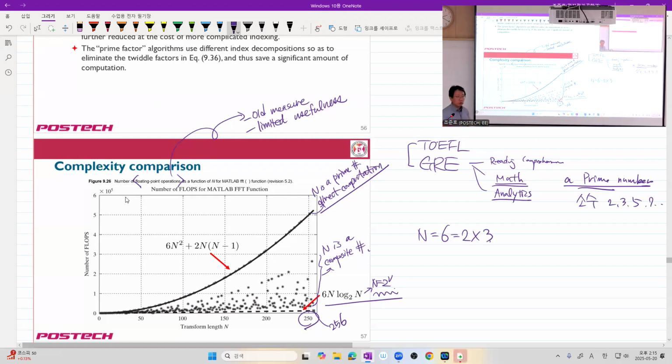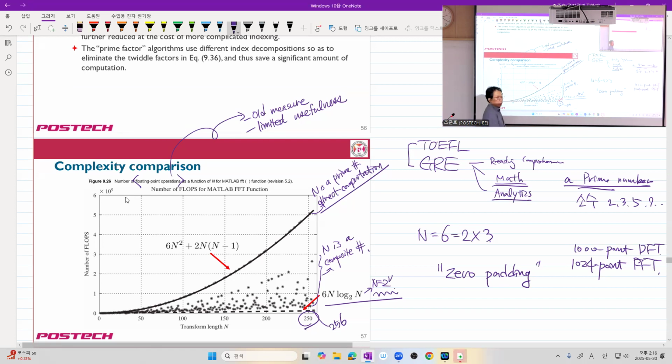So what do we do? Sometimes we do the so-called zero padding trick to make the number of points 2 raised to the power of something. So we really prefer a 1024 point FFT instead of a 1000 point DFT.